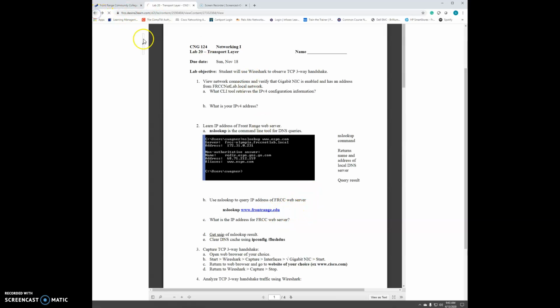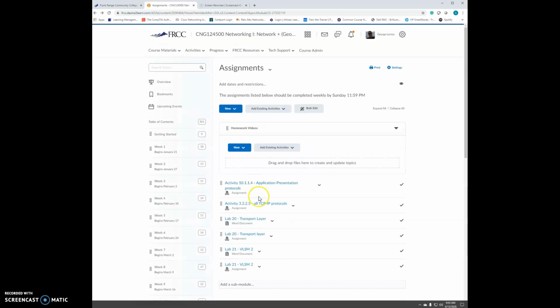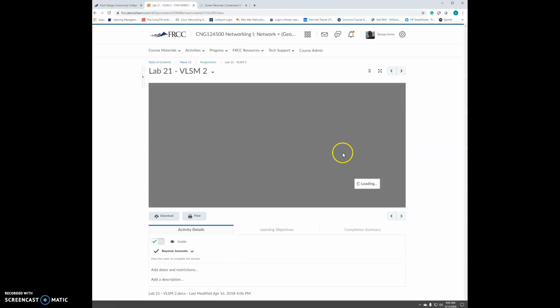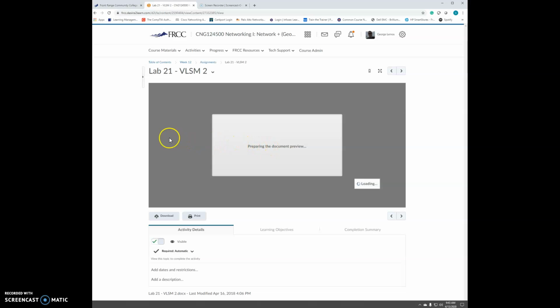And then we have another VLSM 2. Remember that in VLSM, you're specifically tailoring each subnet to its own prefix. So it doesn't matter now, you're not doing classful, you're just doing classless, to where each subnet has its own prefix.